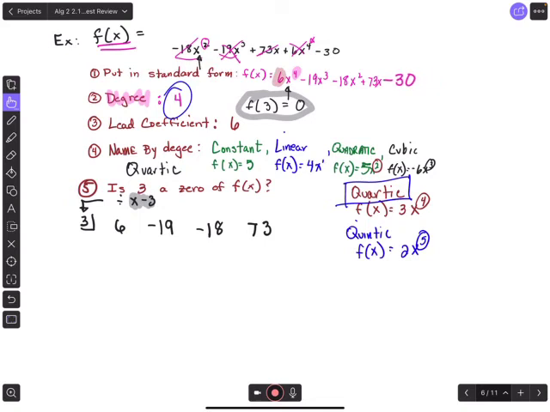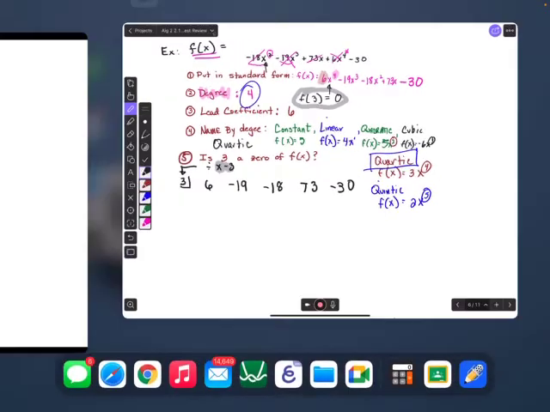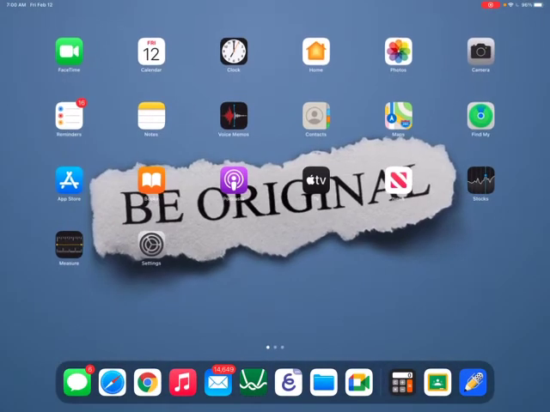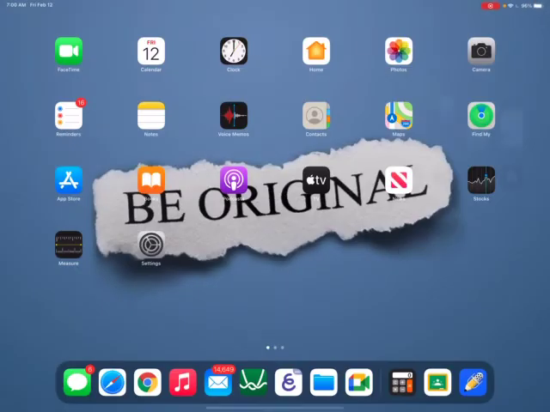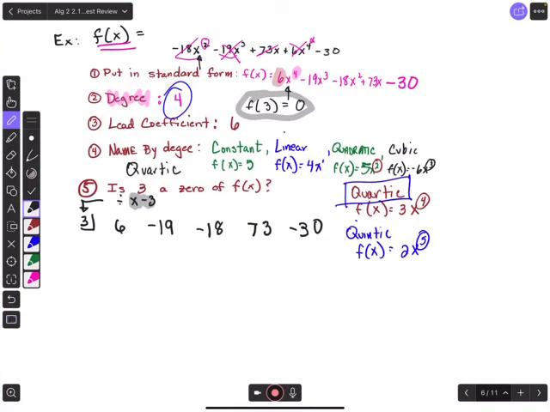I shrunk things down, it did not shrink. Sorry about that.